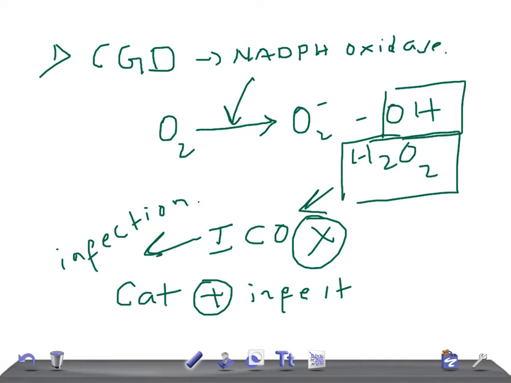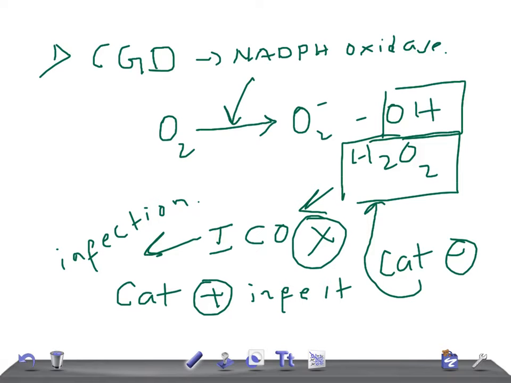You might be asking why there is no catalase negative infection in these patients. Guys, because the catalase negative organisms, like strep, produce H2O2. They produce H2O2, and this H2O2, you know very well, acts as a microbicidal and kills the organism.